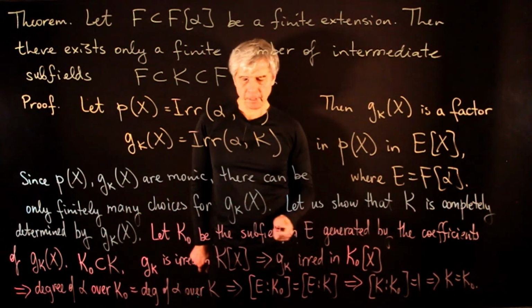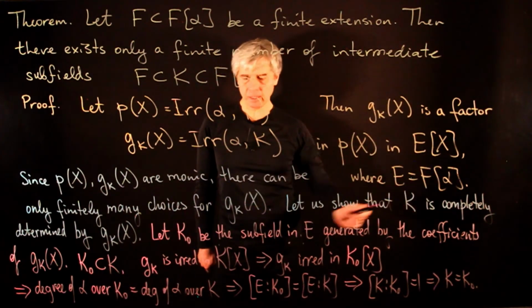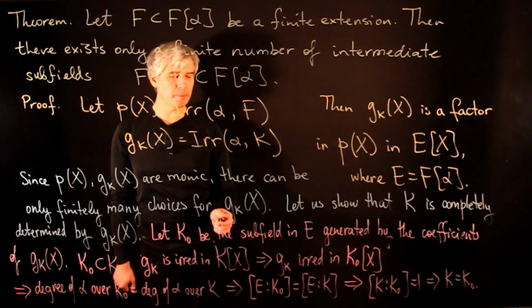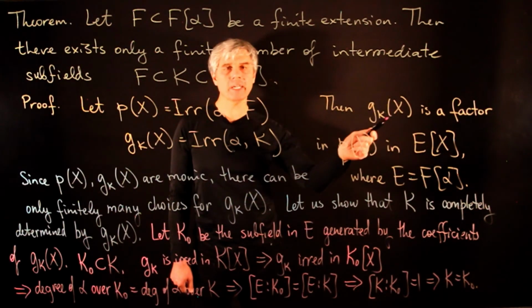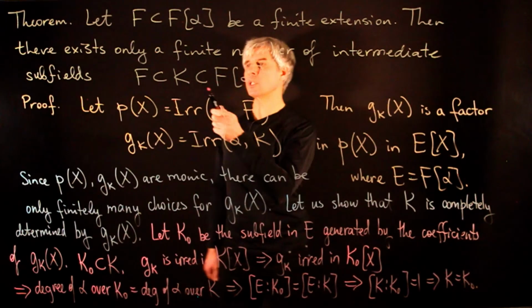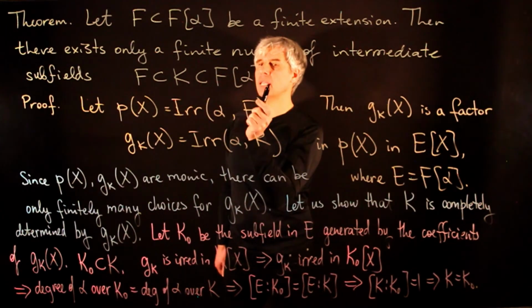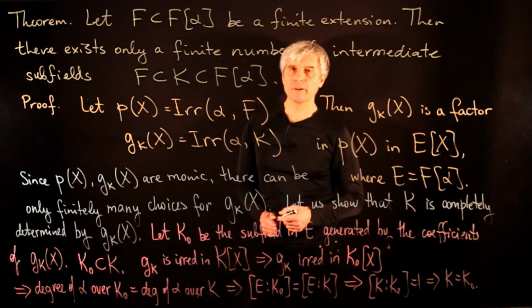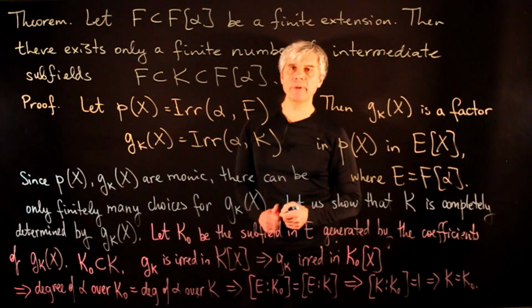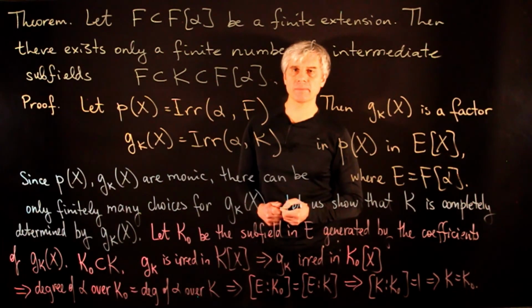This proves that the field K is completely determined by the polynomial g_K, and since we can choose g_K only in finitely many ways, we conclude that there could be only finitely many intermediate subfields between F and F(alpha). Finally, let us show that in our previous example, we have a finite field extension with infinitely many intermediate subfields.